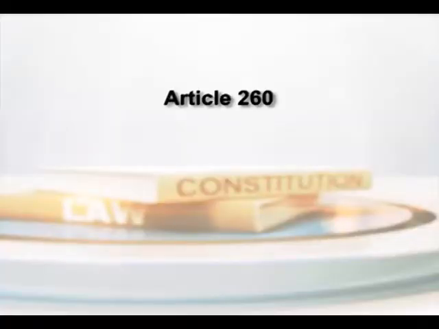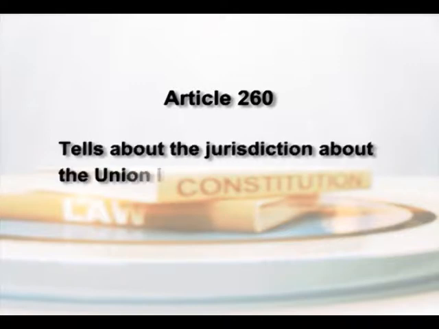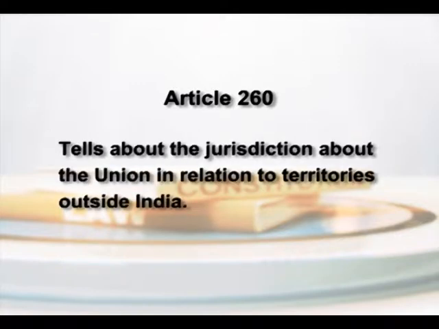Even if it is a good coalition, even then, if the party in majority is strong enough to dictate terms, then these appointees on behalf of the centre will take the decision which will suit the interest of the centre, ignoring the regional claims. Article 260 tells about the jurisdiction of the Union in relation to territories outside India.